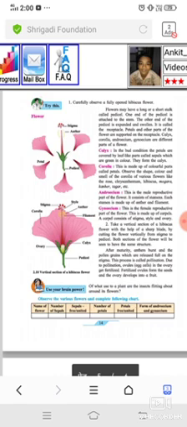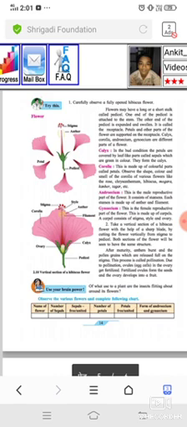After maturity, the anther bursts and releases pollen. The pollen is carried, leading to pollination.